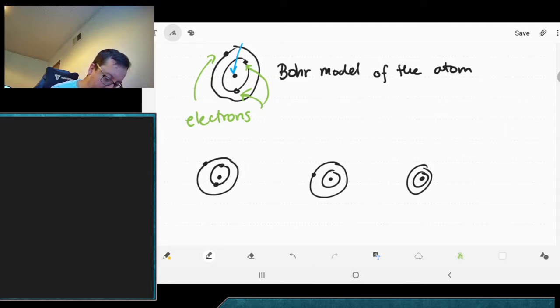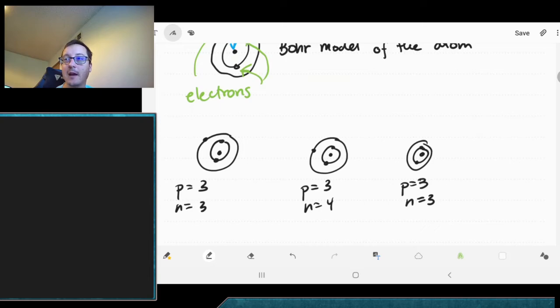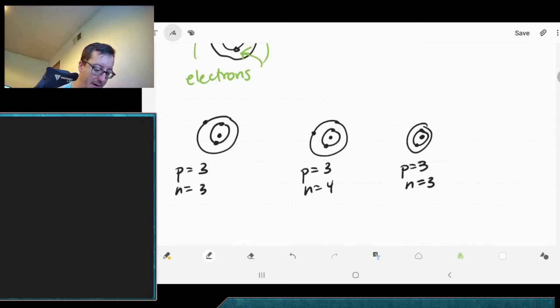Sorry, just give me a sec to draw these. I can't really draw the protons and neutrons because they're all just going to be clumped up in the nucleus, so I'm just going to tell you how many there are. Actually, this one should be 4. And I'm going to write a few things about this.